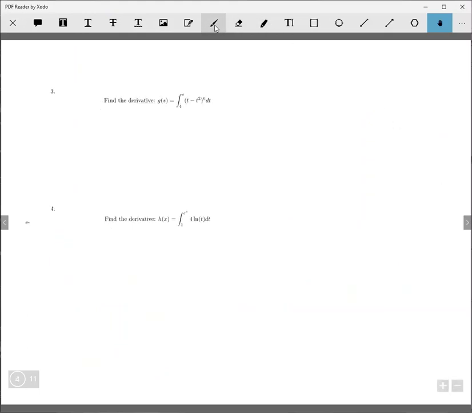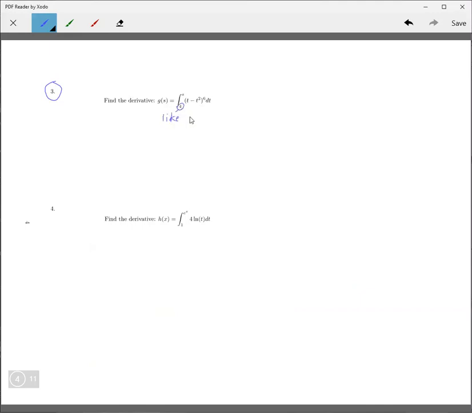Okay, so number 3. Find the derivative. Okay, you're integrating from 4 to s. So this is a constant. This is like a. Okay, so remember, essentially you're integrating from a constant to s.